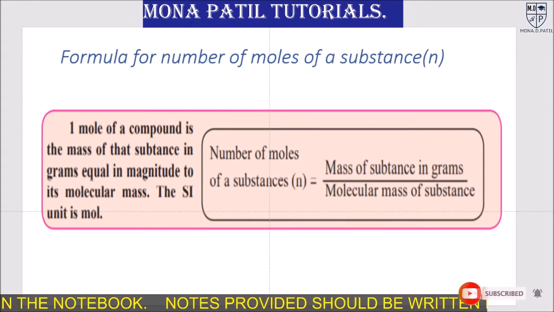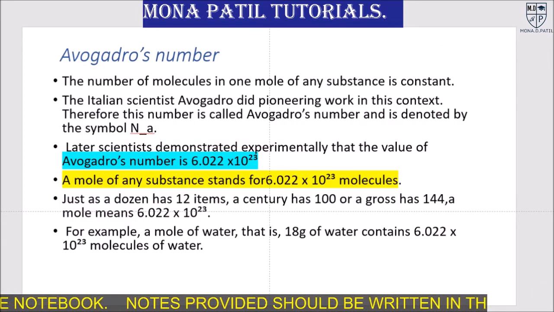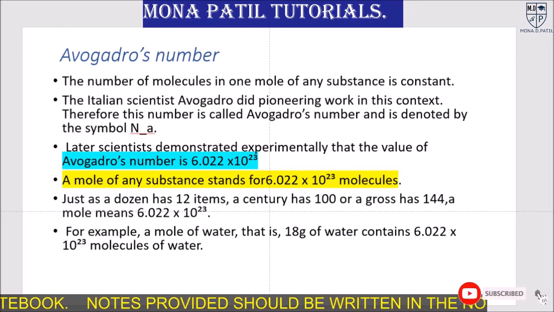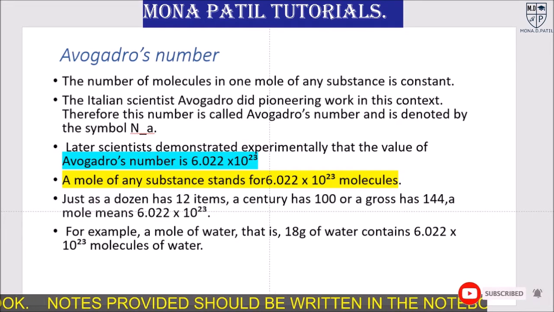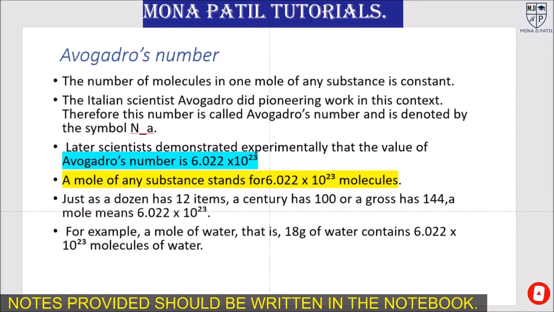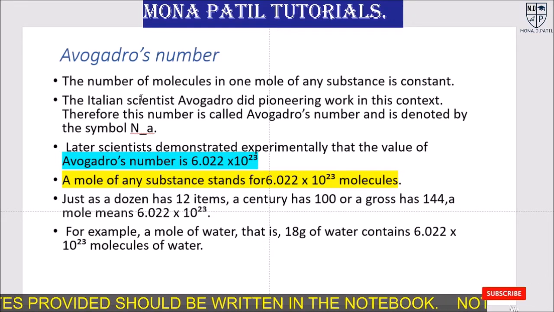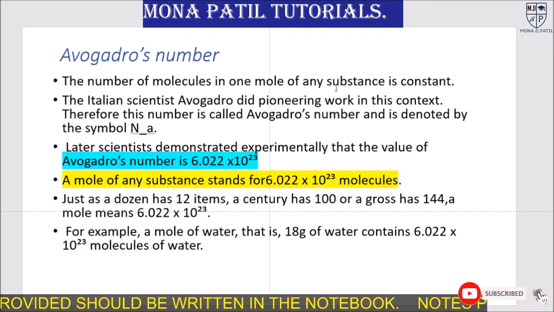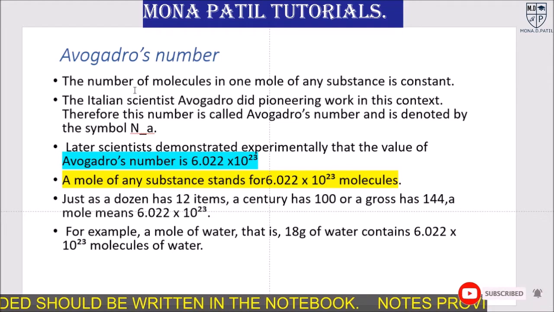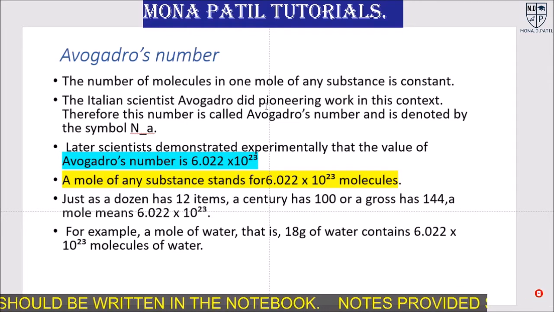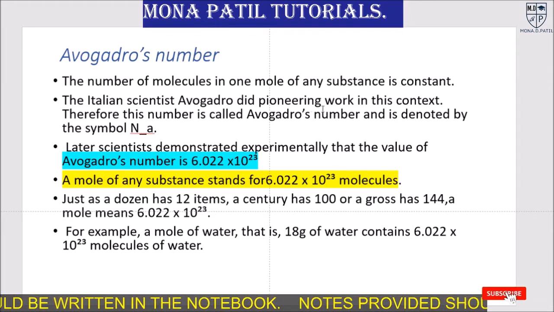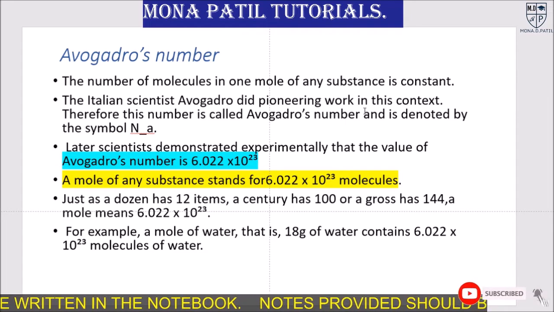Then next we are going to study Avogadro's number. So what is Avogadro's number? The number of molecules in 1 mole of any substance is constant. The Italian scientist Avogadro did pioneering work in this context.